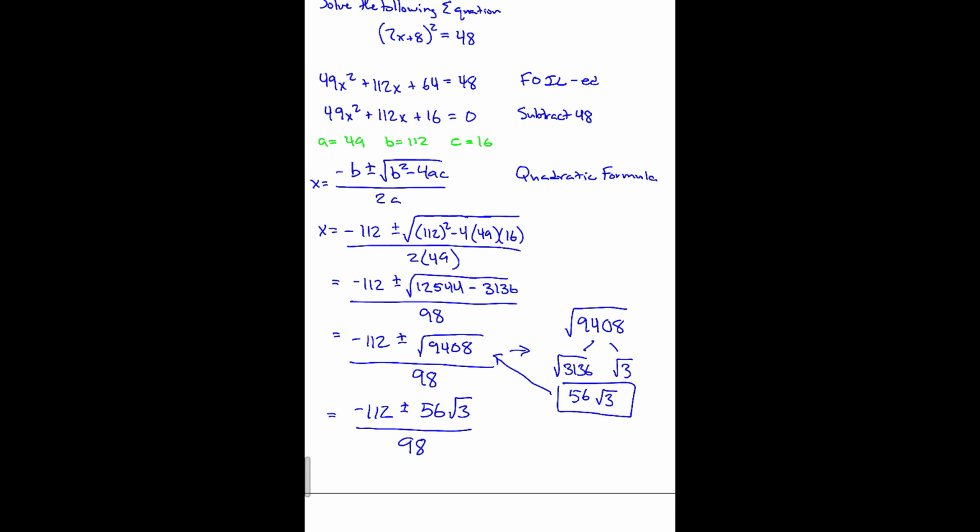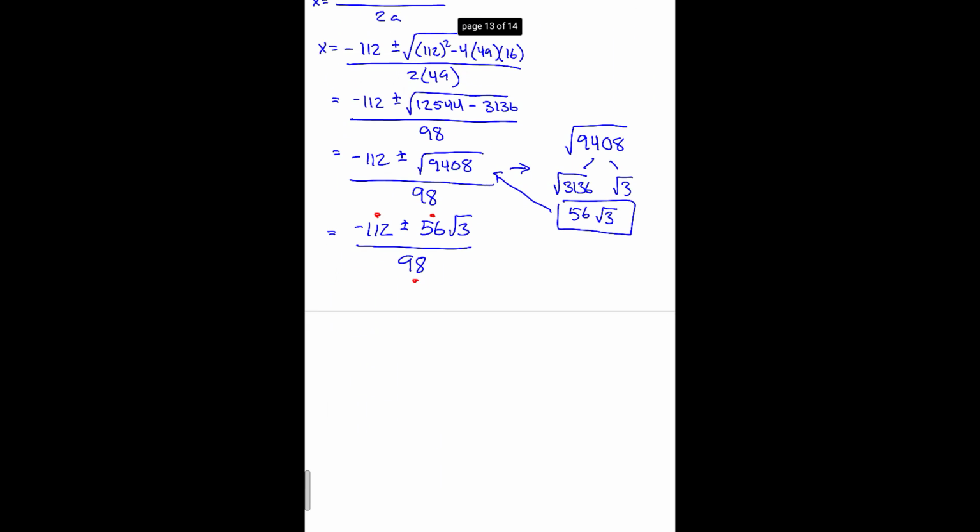We have to look at the 112, the 56, and the 98, and see if we can reduce those three numbers. Ironically, they're all even numbers, so at the very least, they're divisible by 2. You could also see if you can divide them by bigger numbers. I tried 4, and 4 wouldn't work because of the 98. So let's keep dividing them by 2.